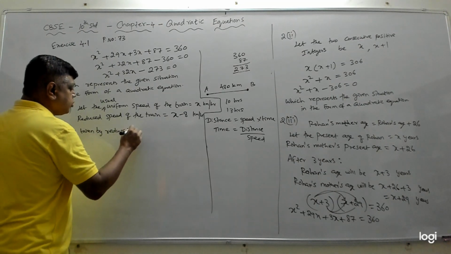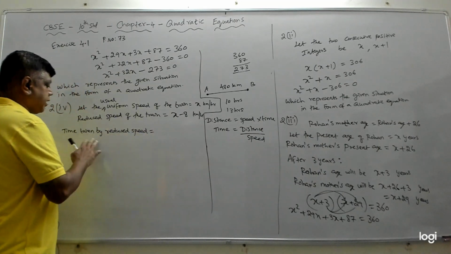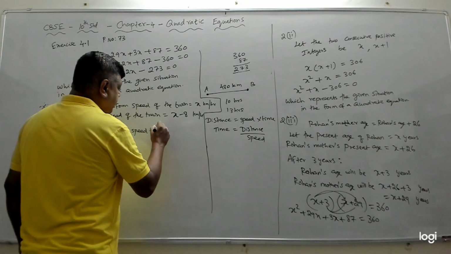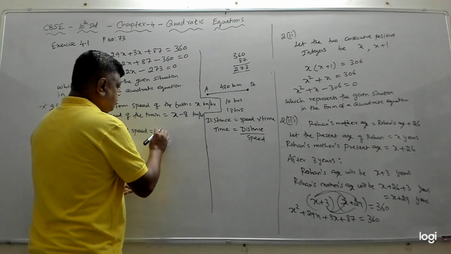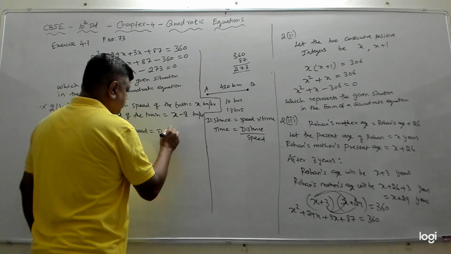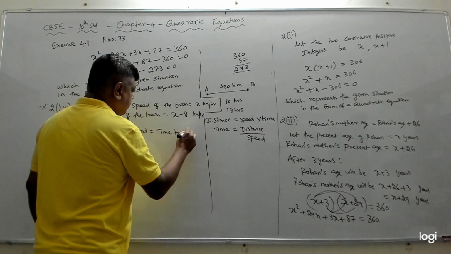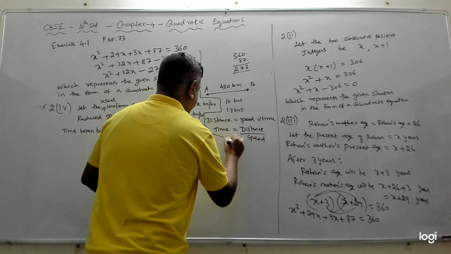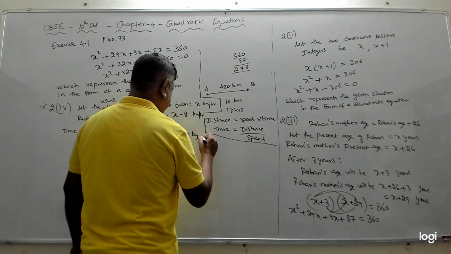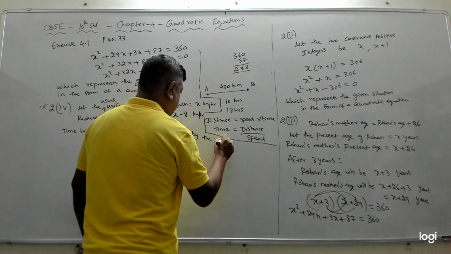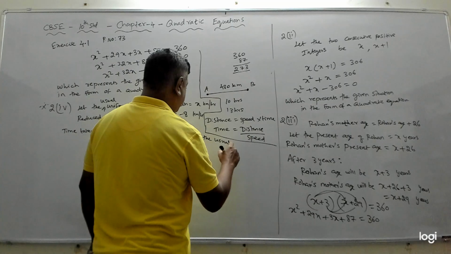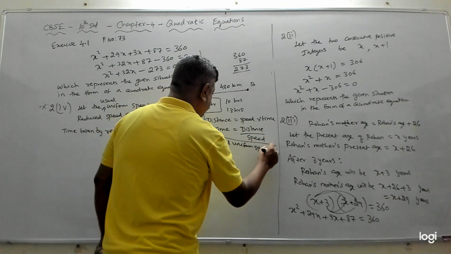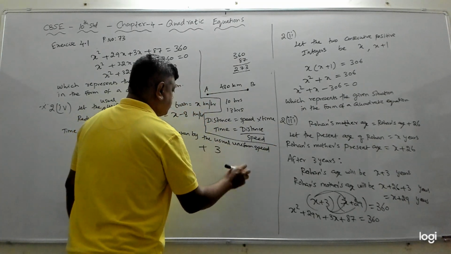If it goes with the lesser speed, the time taken by the reduced speed will be equal to the time taken by the usual uniform speed plus 3 hours.